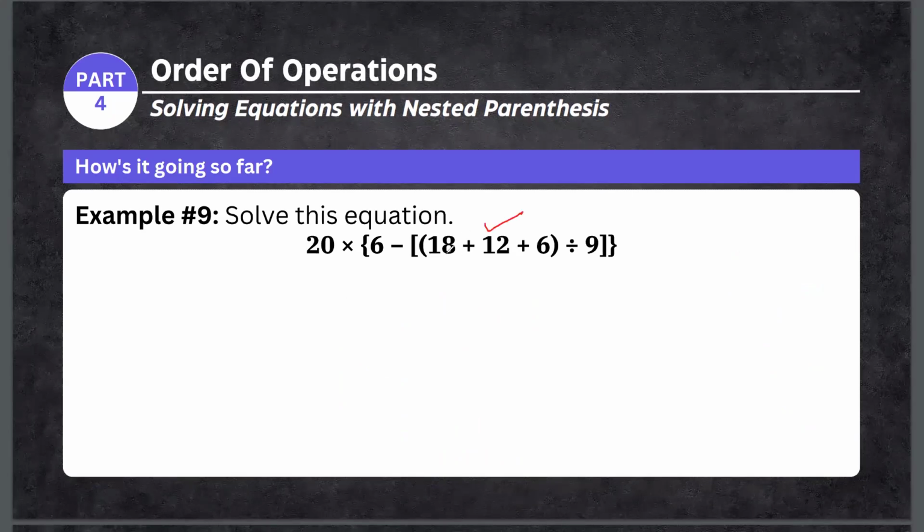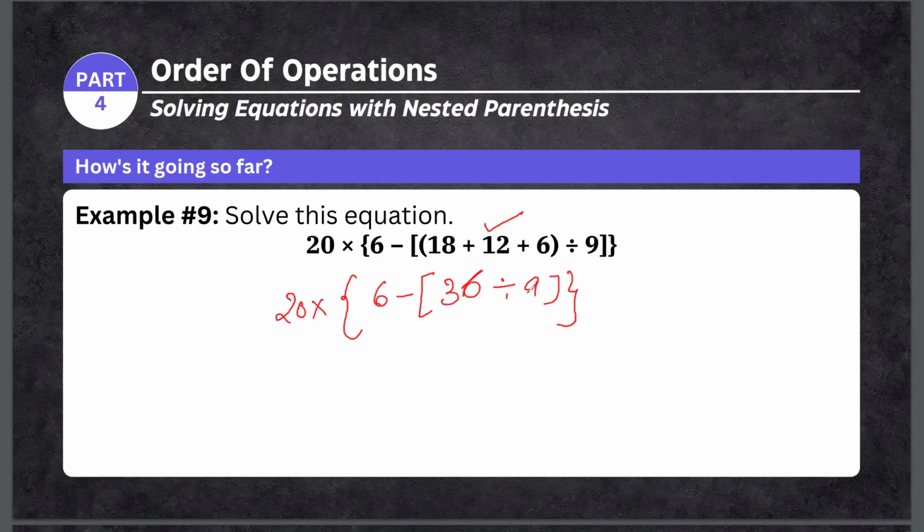Solve this bracket first. So 18 plus 12 is 30. 30 plus 6 is 36. We have 6 minus 36 divided by 9. So 36, wait for a second, I'm writing it again. 36 divided by 9, this is in the square bracket. 6 minus, this is in the curly bracket, and 20 times.